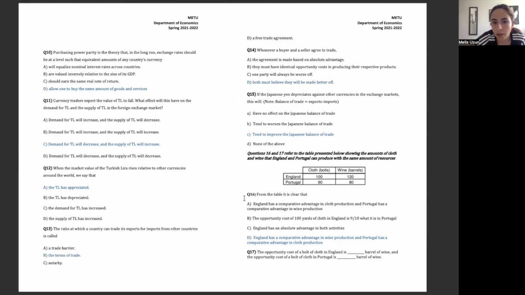We will solve questions 16 and 17, which refer to this table. From the table, it is clear that England has a comparative advantage in wine production. Let me use a pen. In order to calculate the comparative advantage, we look at the opportunity cost of wine and clothes in England and Portugal.